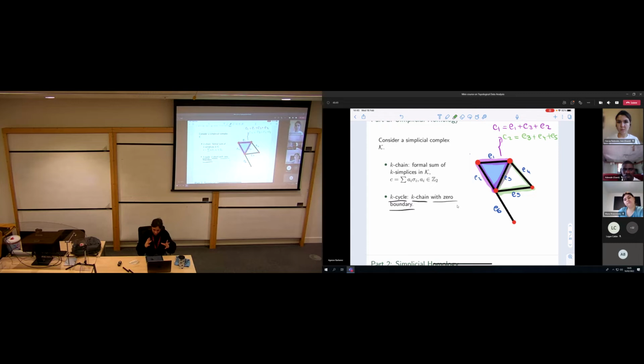Okay? I hope that intuitively you believe me that the boundary of these cycles is 0, but let's check it algebraically for one of them. For the other one, the computation is going to be similar. So let's compute the boundary of C1. Now in this computation, I'm not going to take care of coefficients, or plus or minus signs, because for us, plus and minus are the same thing, and if I have two of the same thing, then that's 0.